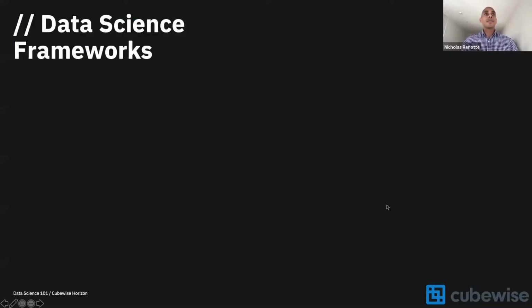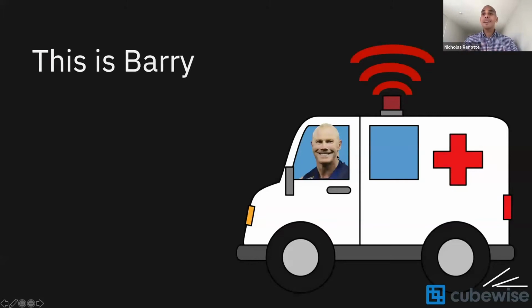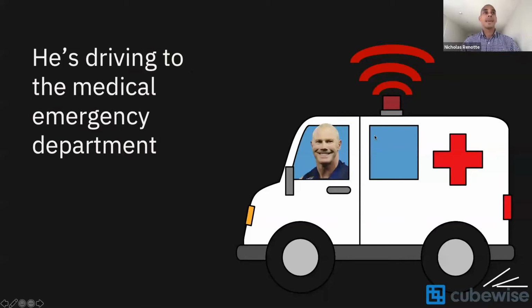Perfect. Now, I want to start off our data science frameworks with a little bit of a story. So our story begins with Barry. Barry right now is driving an ambulance. Now you're probably thinking, where on earth is this leading? Well, Barry had a bit of an accident and he's actually driving himself to a medical emergency department.